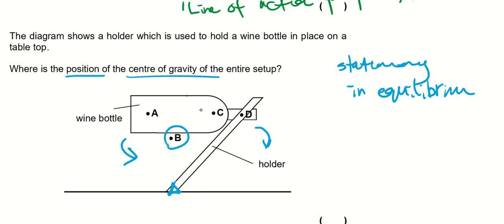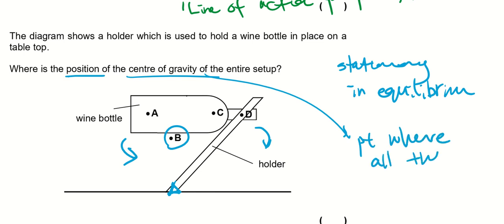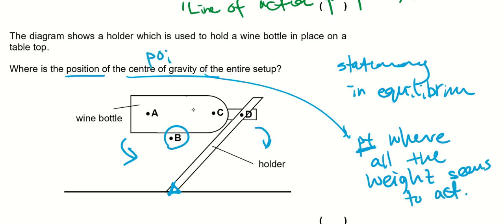Therefore, the answer will be B, because the center of gravity is a point where all the weight seems to act. It is a point, not a line. So if it's this point, then the weight will seem to be acting here.